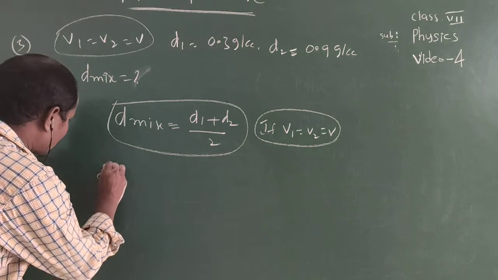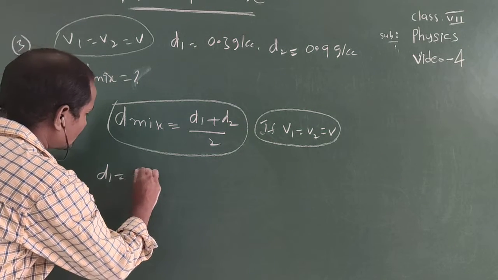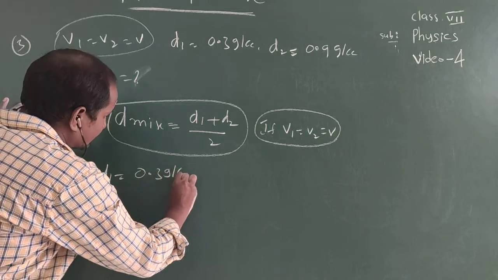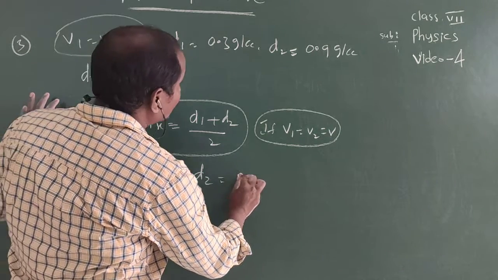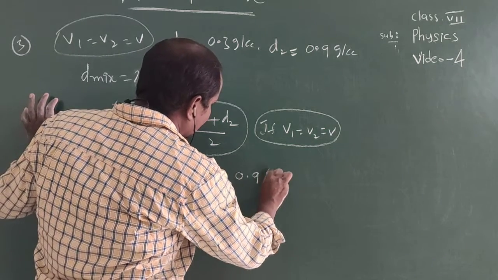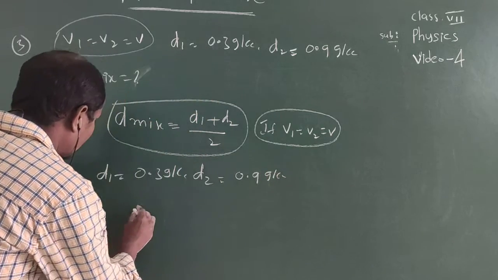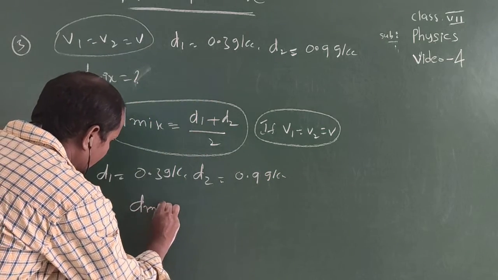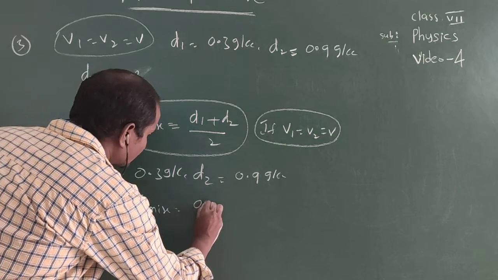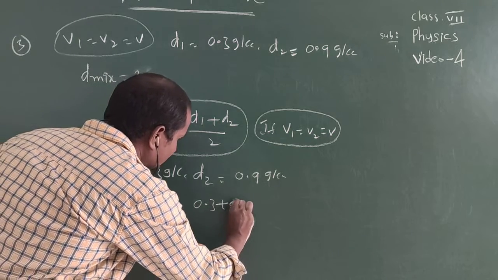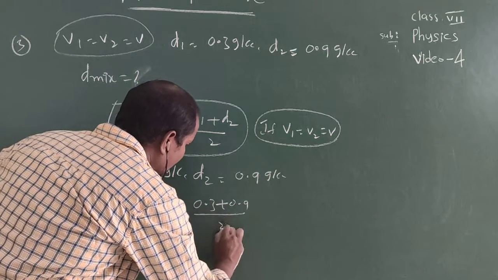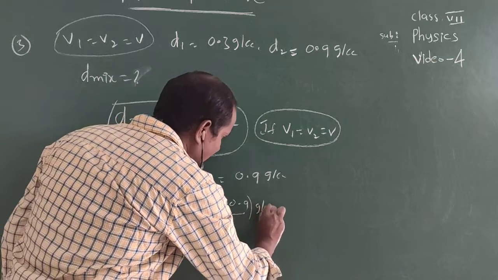So here D1 equal to 0.3 gram per cc and D2 equal to 0.9 gram per cc. So D mix, the density of the mixture, equal to 0.3 plus 0.9 by 2 gram per cc.